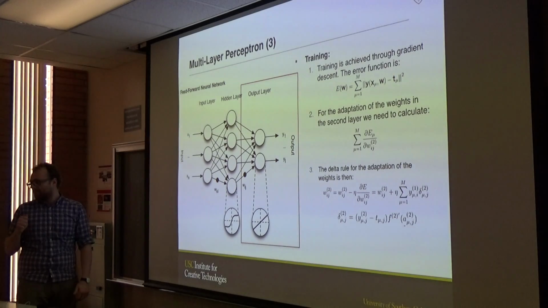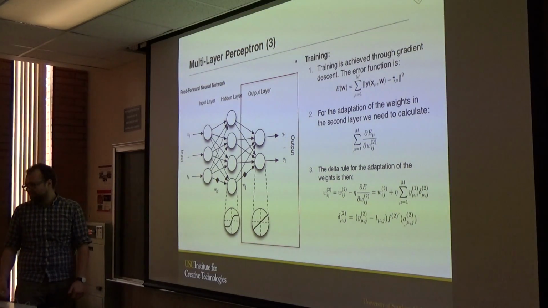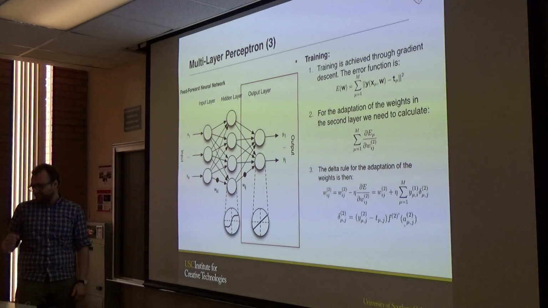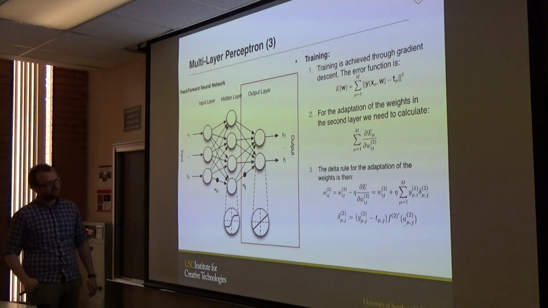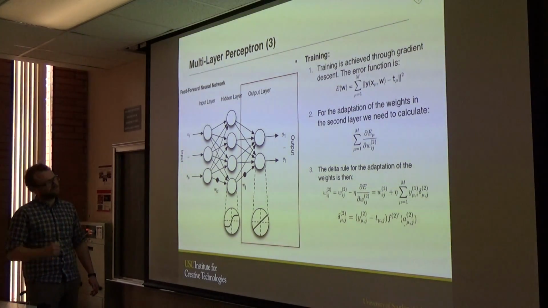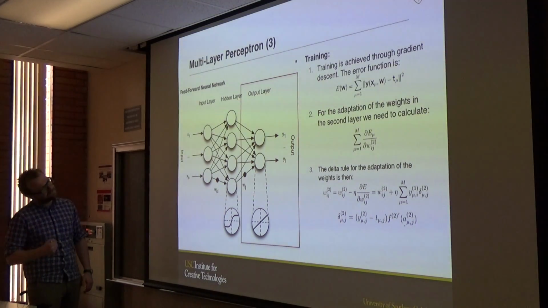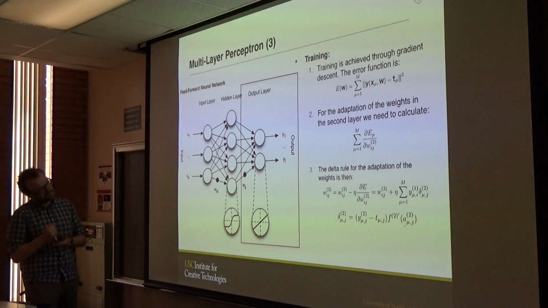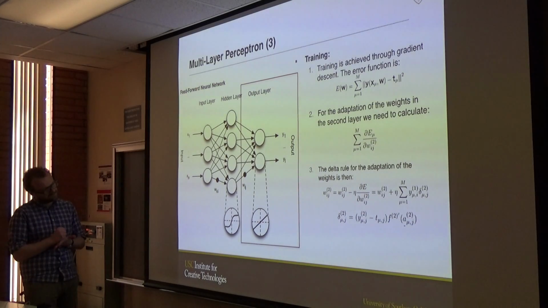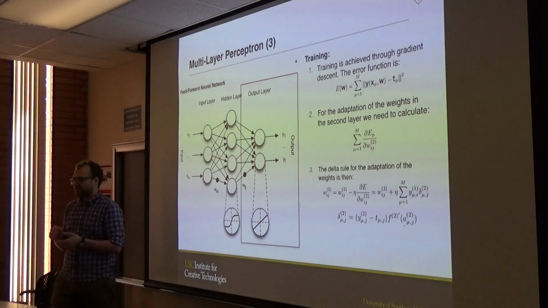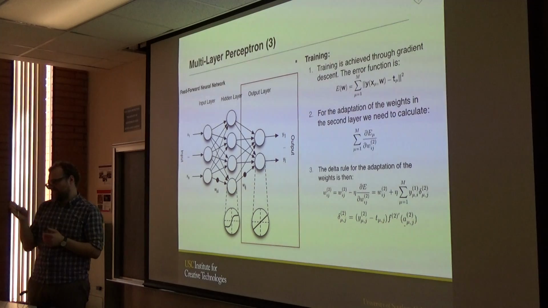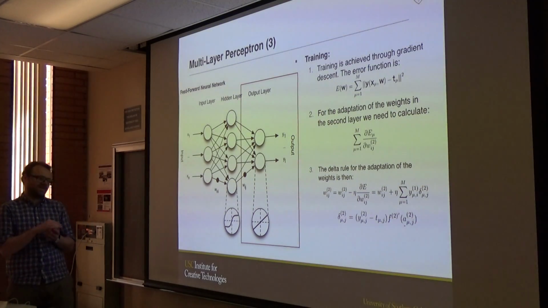Because if we have multiple classes, it will just register the largest component of the input, right? It's discriminatory after the threshold. It only produces an output after it reaches the threshold, so it produces either zeros or ones.